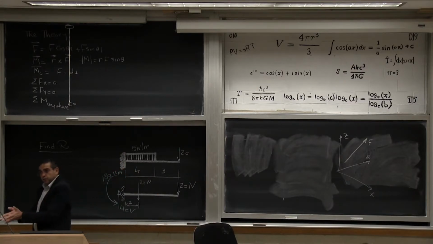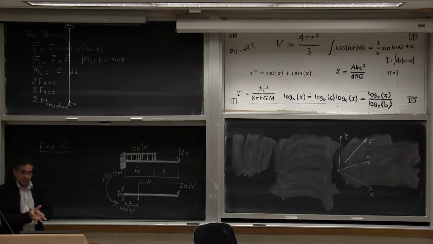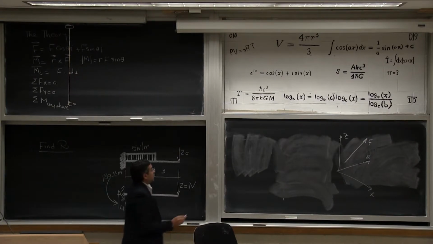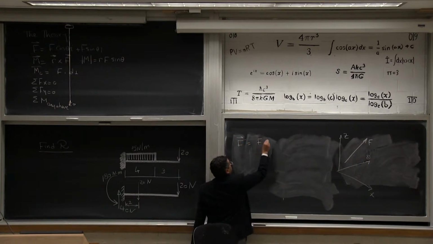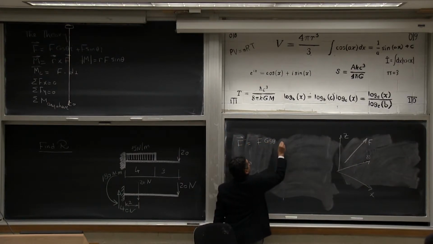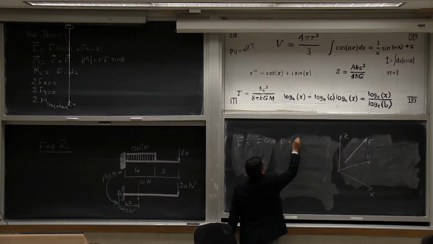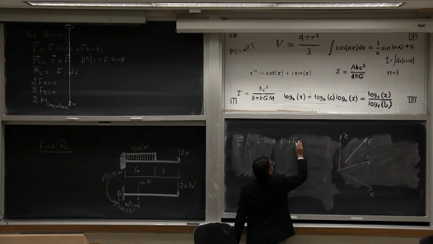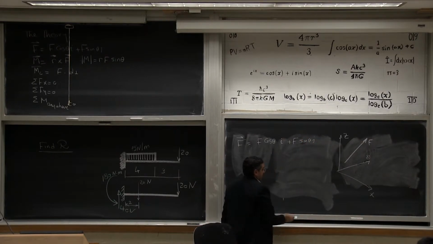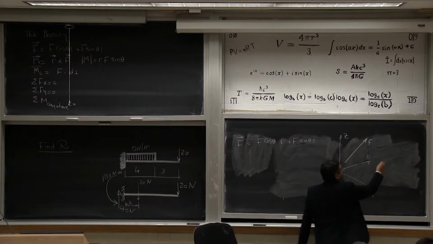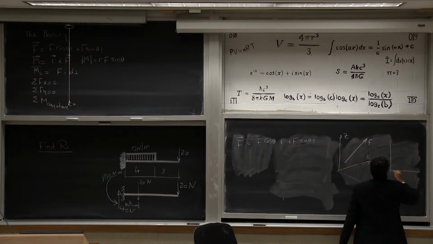Well, the force in 2D, we managed to find it to be F = F cos theta i + F sin theta j. And this was our case here, a very simple scenario. This is F, this is theta.